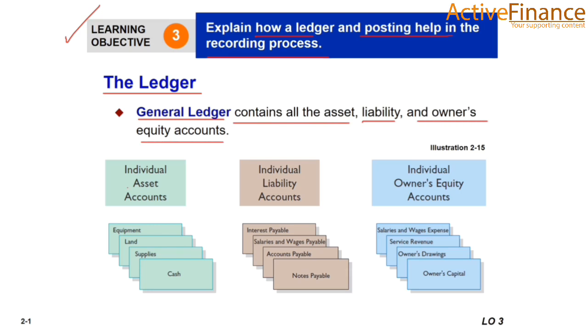In asset accounts we will mention all types of assets, either tangible or intangible: equipment, land, building, supplies, cash, etc. In liability accounts we will include interest payable, salaries payable, accounts payable and notes payable, etc. And in owners' equity accounts we include salaries and wages expense, service revenue, owners' drawing and owners' capital, etc.